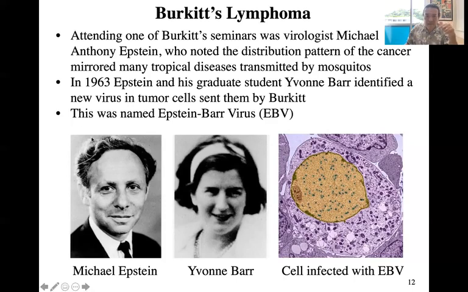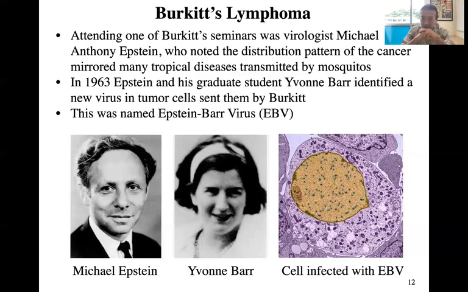He took a real interest in this because he noted that the distribution on the African map of these cases of tumors corresponded very well to what Epstein knew was the distribution of things like mosquito-transmitted malaria, right? And Epstein was very interested, as a virologist, in viral transmission through things like mosquitoes.